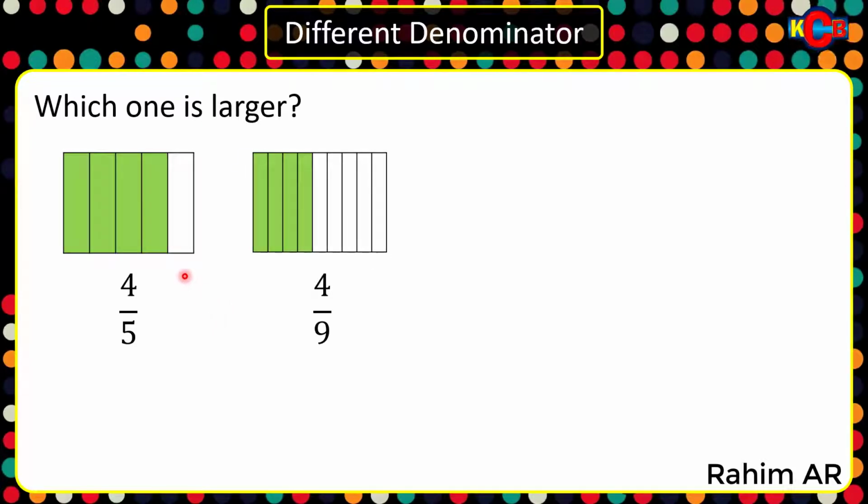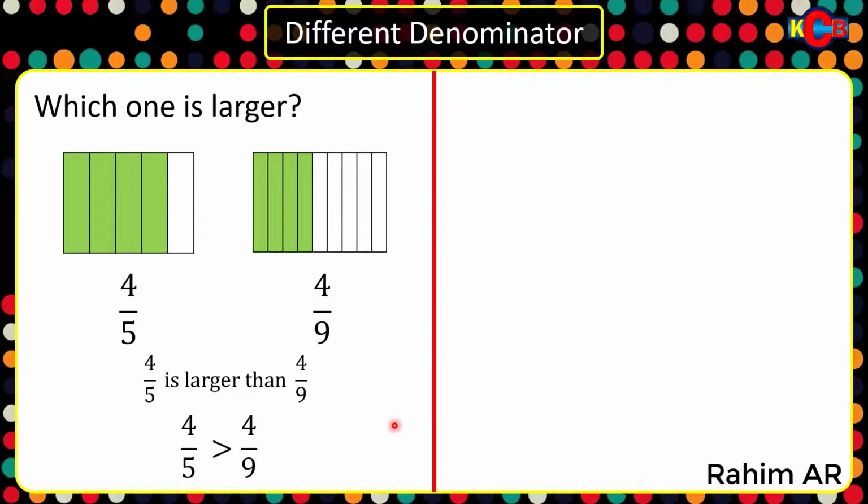Here, as you can see, 4/5 is larger than 4/9. Thus, 4/5 is larger than 4/9. So we are using the symbol larger than, like this.